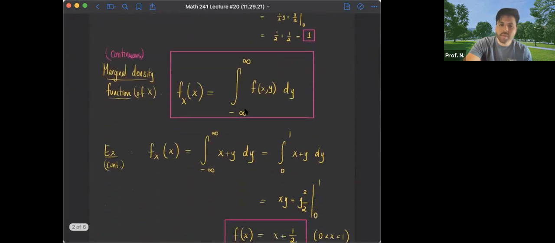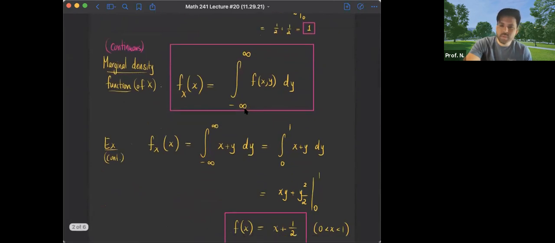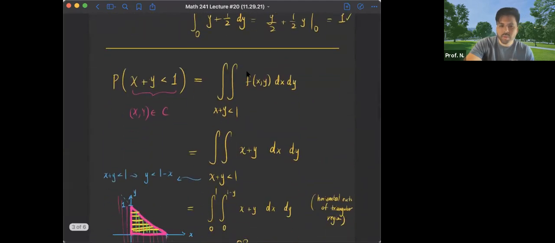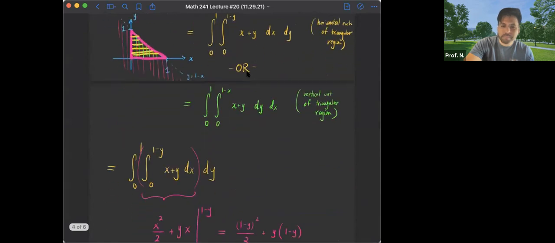And then we also talked about finding the marginal density from the given joint distribution, which is similar to the way we find it with discrete, where if we find the marginal density function for the x random variable, that means that we have to sum up all of the y's and keep x fixed. But in the continuous realm of things, we don't use summation, we use integration. And the same thing goes for marginal density.